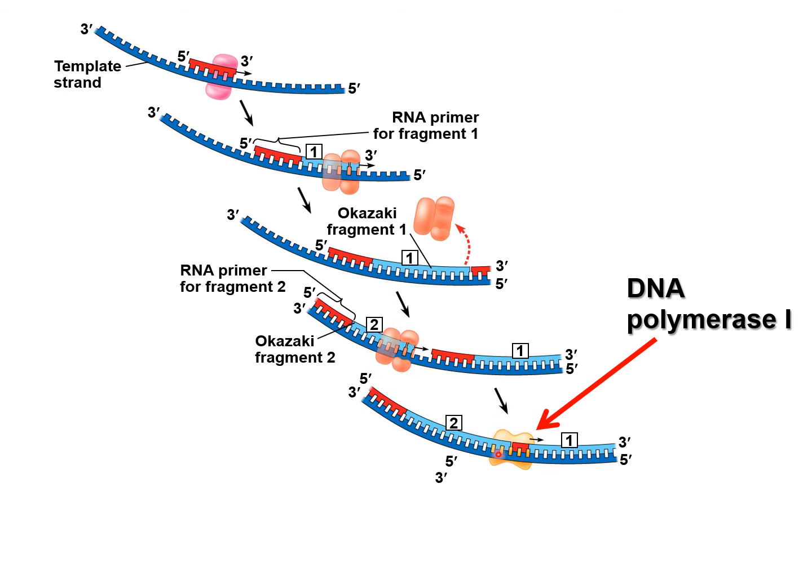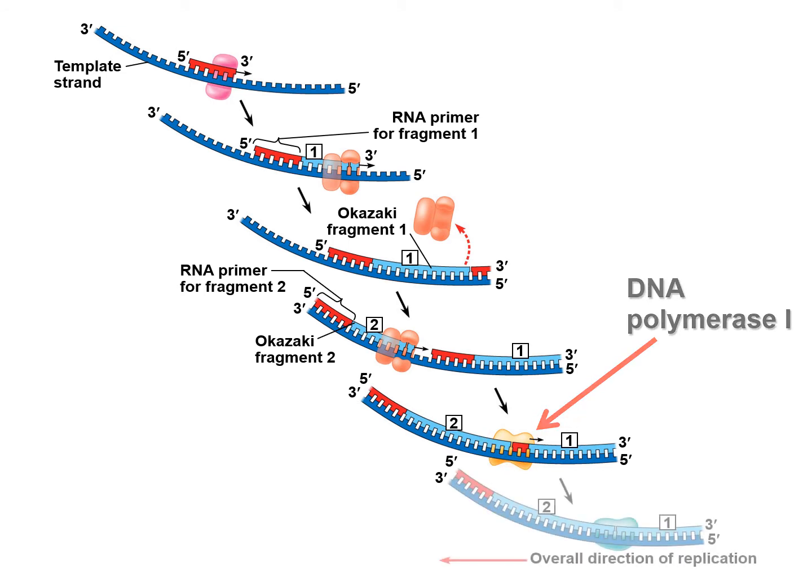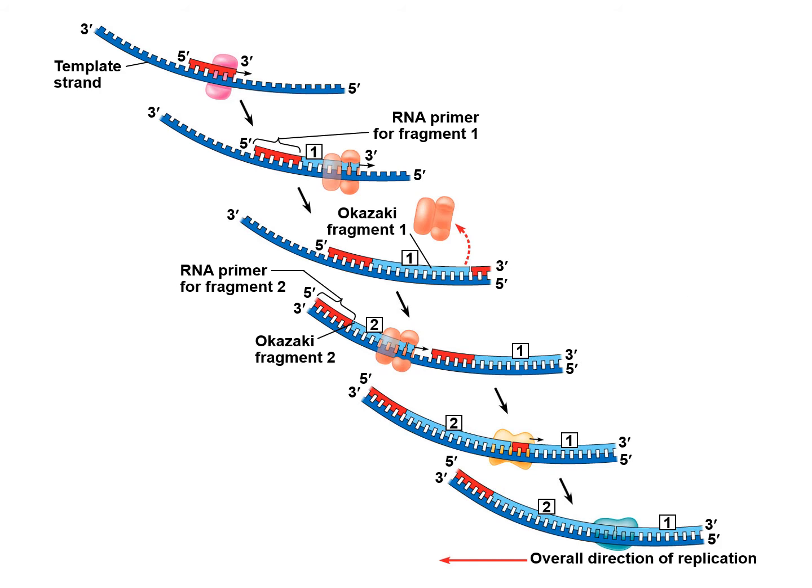So DNA polymerase 1 can come in and commence synthesizing more DNA as it's popping those RNA nucleotides out. As we pop out those RNA nucleotides and get to the next DNA, DNA polymerase 1 goes away. So it cannot ligate the DNA.